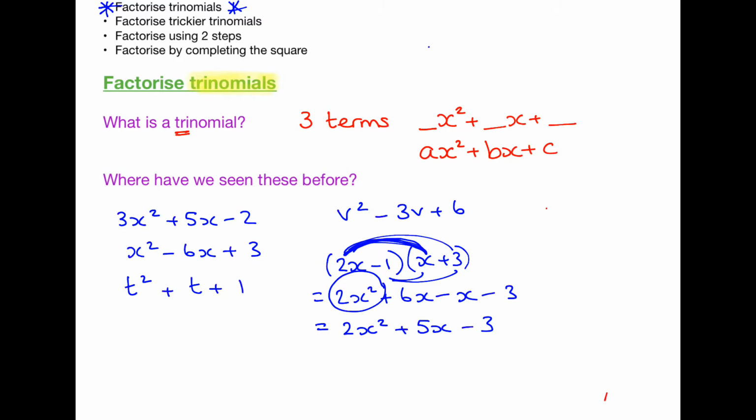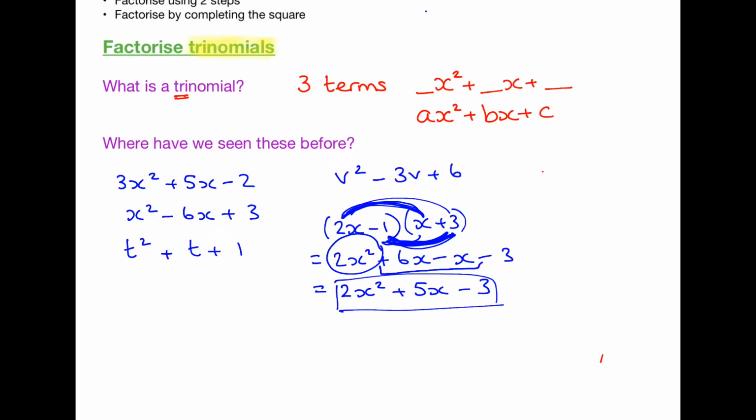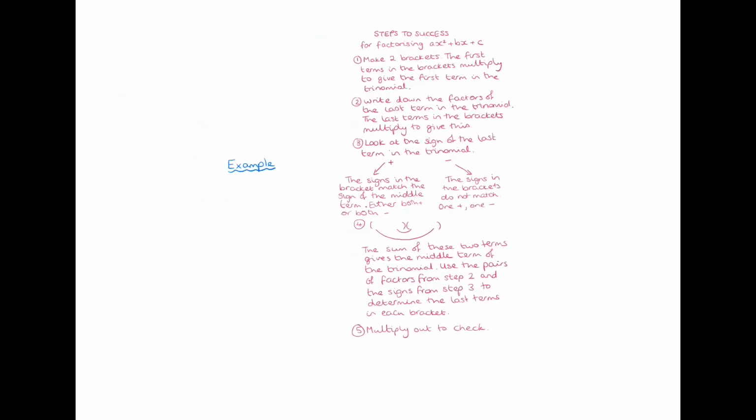These 2 middle terms came from, if we're using FOIL, the outsides and the insides, and the number on the end is what you get when you multiply your last 2 things together. So I'm going to show you how to work backwards with this, how to start with a trinomial and work backwards to factorize and put it into brackets. Okay, so that's what we're going to go on to just now.